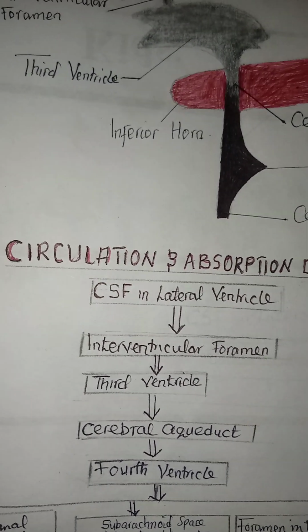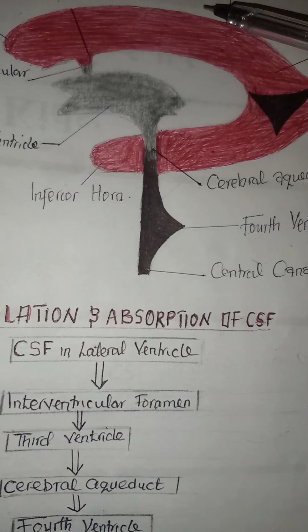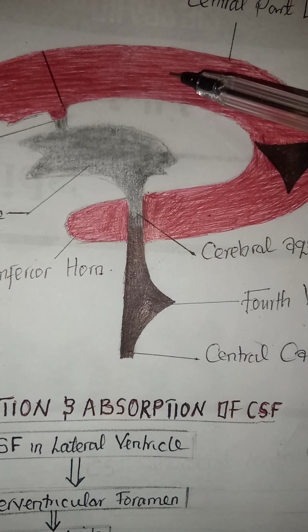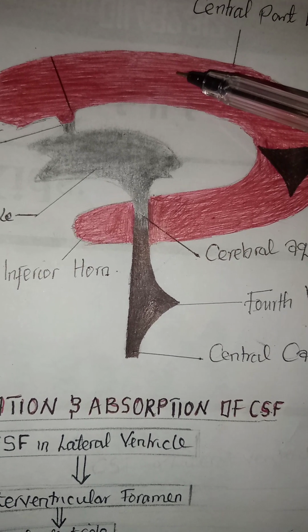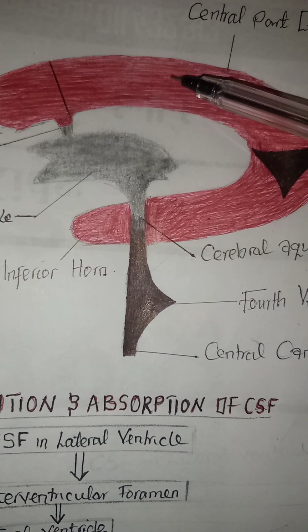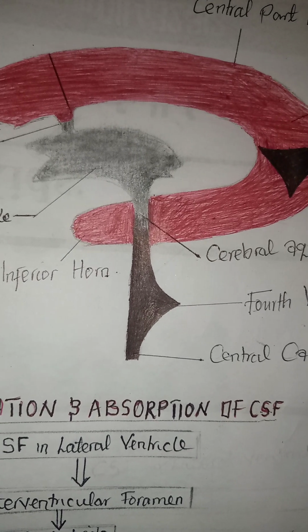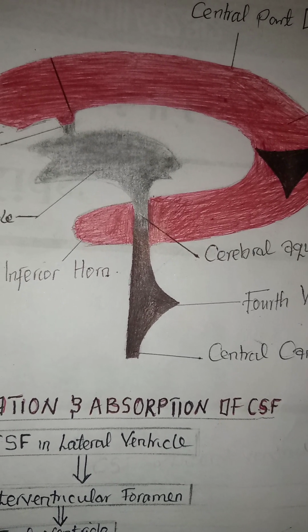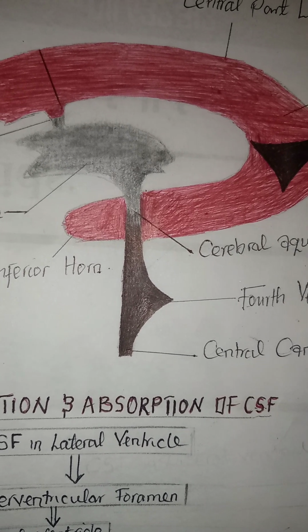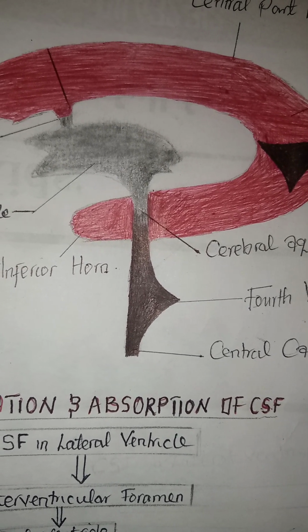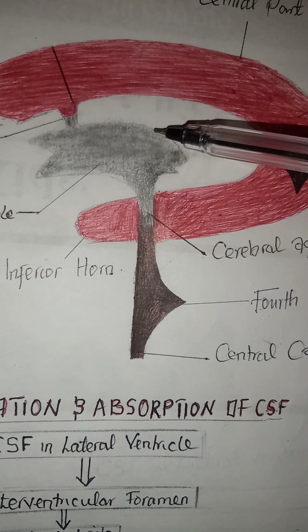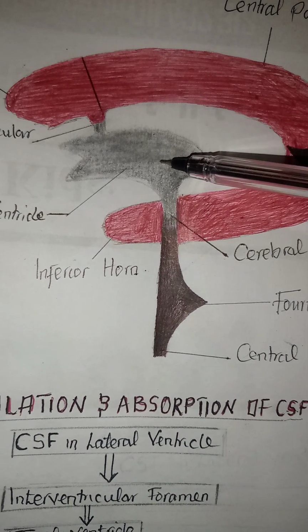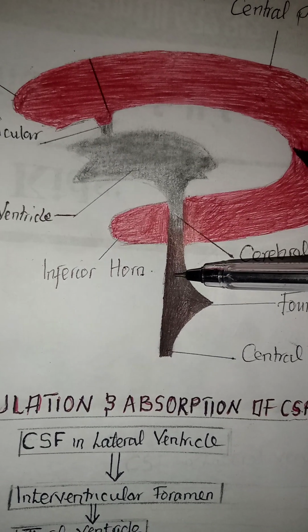So from the lateral ventricle, it should be noted that the lateral ventricle produces about 80 to 90% of cerebrospinal fluid. Okay, so meaning the remaining percentage of cerebrospinal fluid is produced by the third and fourth ventricle.